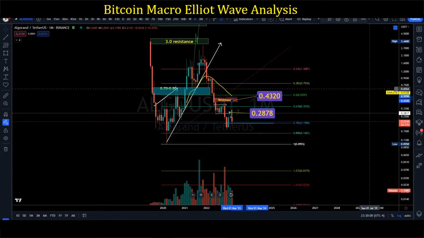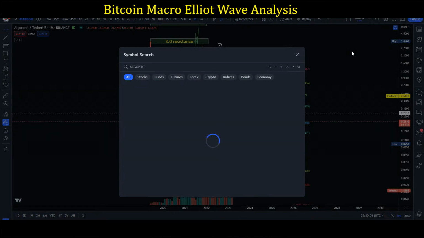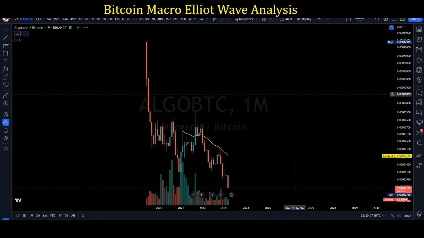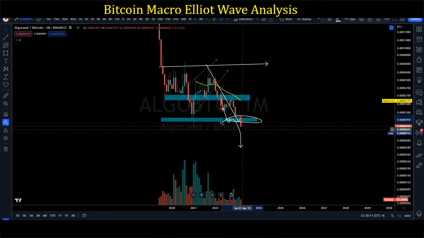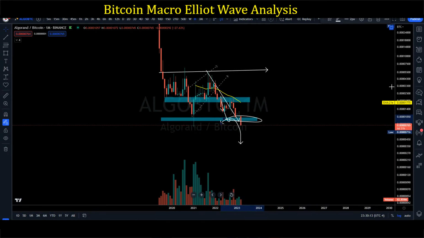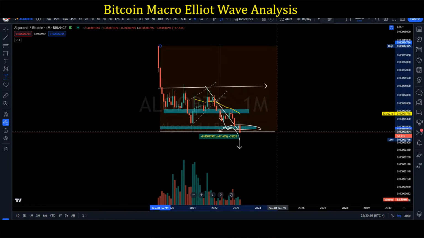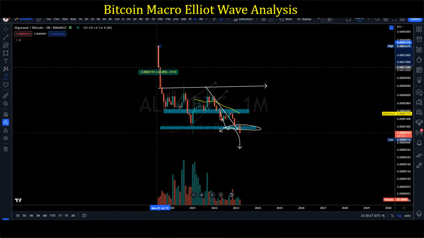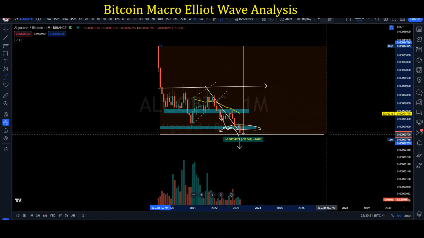So Algo against BTC has not been performing well, so you just have to be very, very cautious, because if you keep following Algo USD, you might be missing out a lot with the BTC pump. For now, if I were you, I would be following BTC, right? It's 97% down against BTC since its inception back in June 2019.